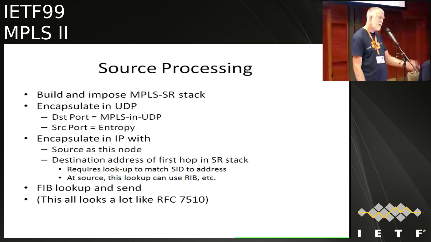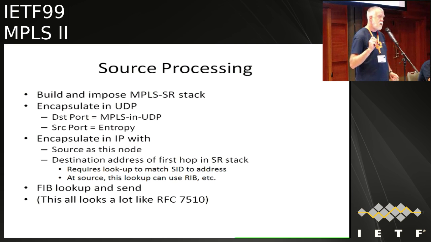But you can take that mapping out of the SID advertisement. And then once you've encapsulated, you look up and send. So it looks really like 7510 with how do I decide what the end of my tunnel is, being I look up a SID.